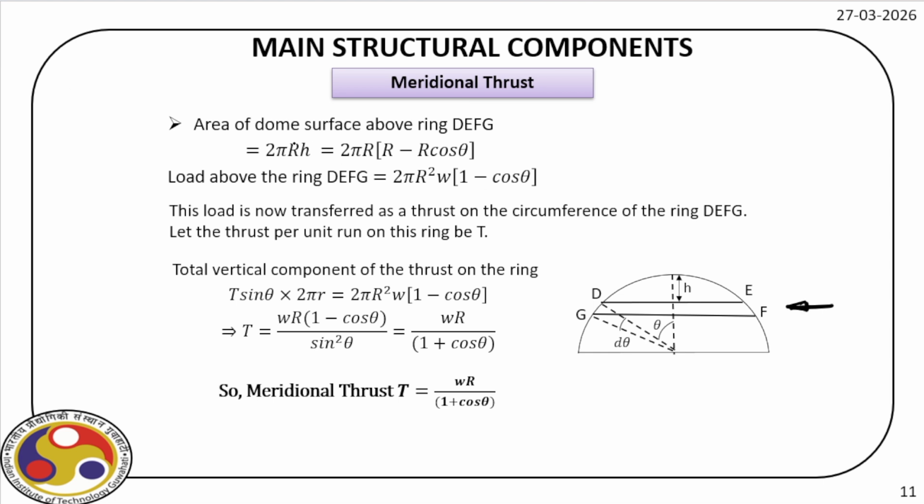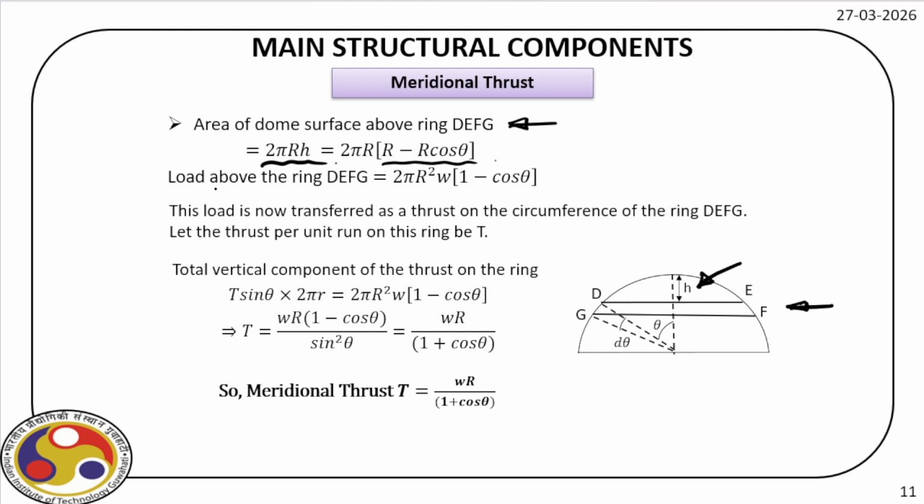As you can see here, the small segment that we have identified. Now, we can find out the area of the dome surface above the ring DEFG, and for that we have this expression, 2 pi R times h. So h is marked here, which is the height above this portion DEFG. Now from the geometry, we can express this h, which is equal to R minus R cos theta.